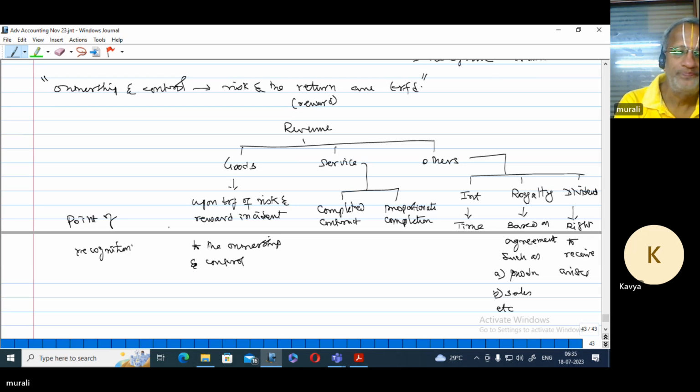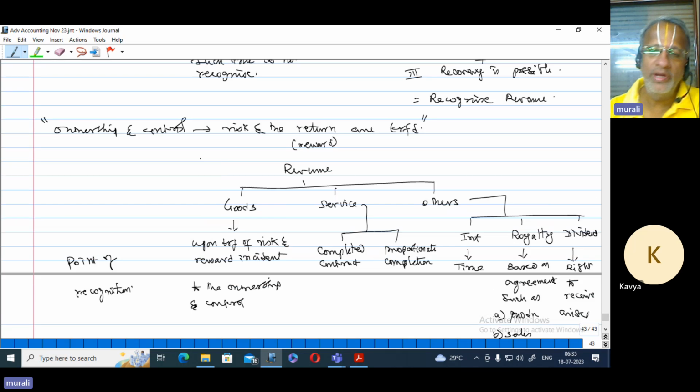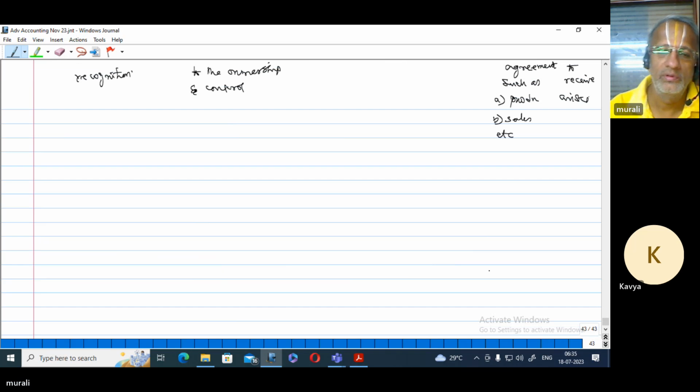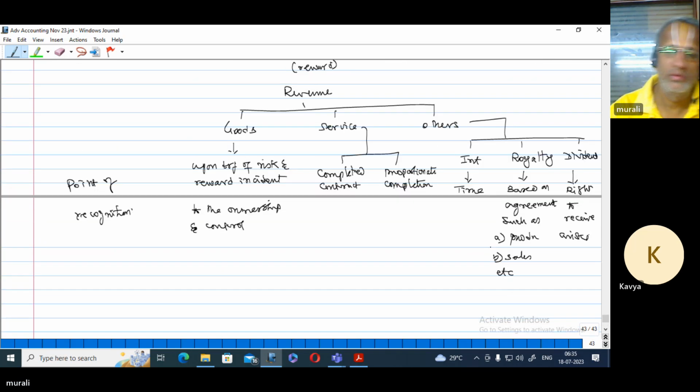Point of recognition would mean this is the point. In all these cases, stage 2 and 3 will always be there. A recognition point, that is stage 1.